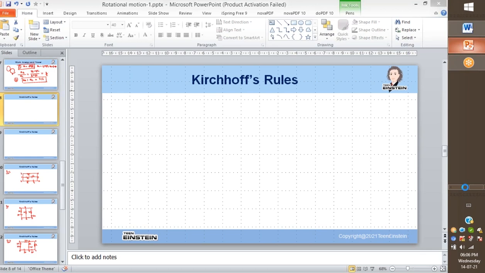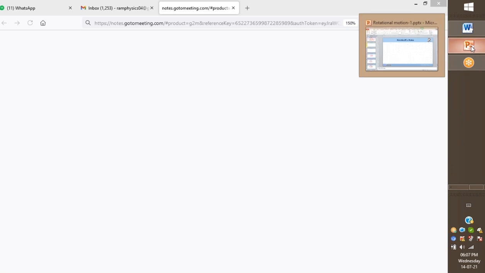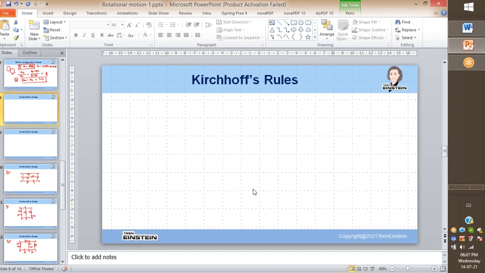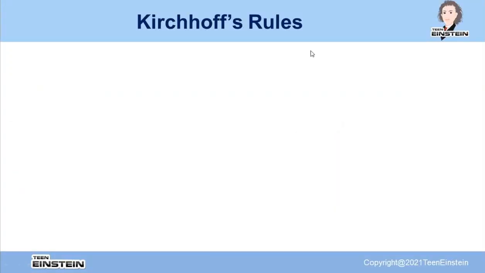So far we have learned combination of cells, combination of capacitors, combination of resistors, everything we have learned. Okay, but those rules of combinations of various circuits like resistors and all those things, it is easy to calculate using the combination rule.